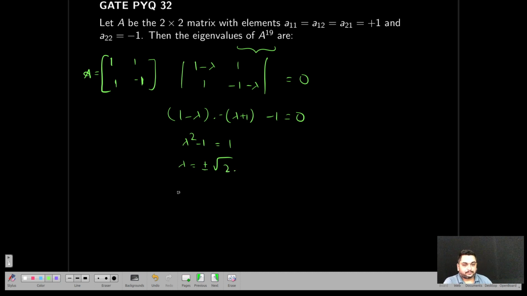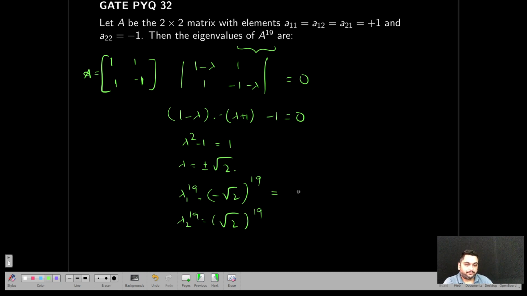Then for A power 19, lambda 1 power 19 is minus root 2 to the power 19. Then lambda 2 power 19 equal to square root of 2 power 19.